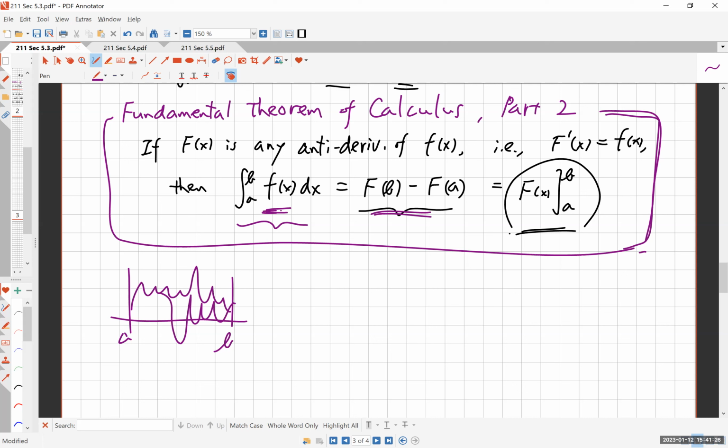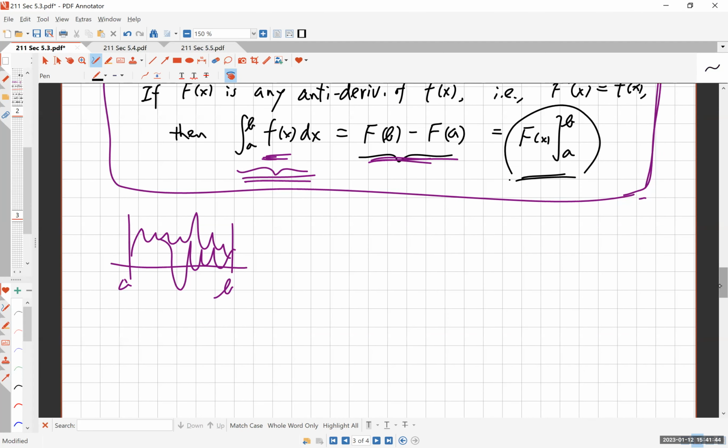And the value of this integral only depends on the values of the antiderivative at those two endpoints. So the entire integral can be determined by what happens to the antiderivative at those two endpoints. And so that is a powerful statement. In fact, it's so powerful, some people call it the fundamental theorem of calculus.